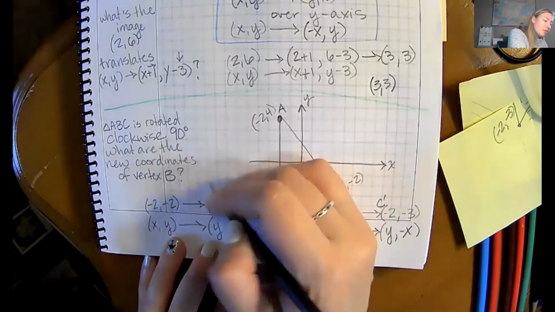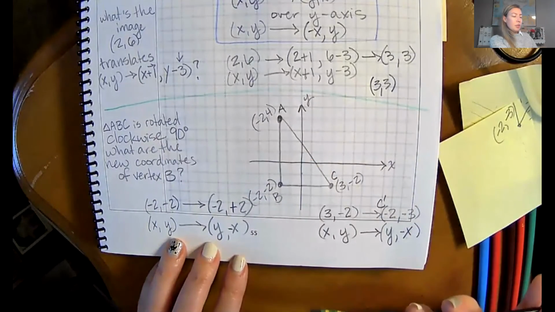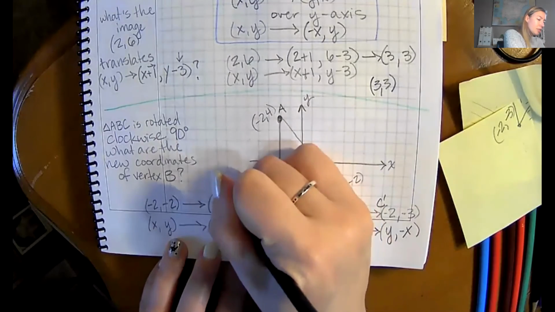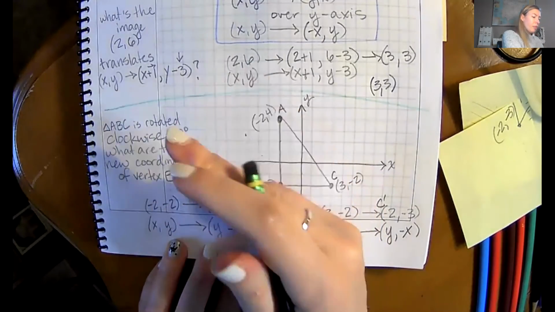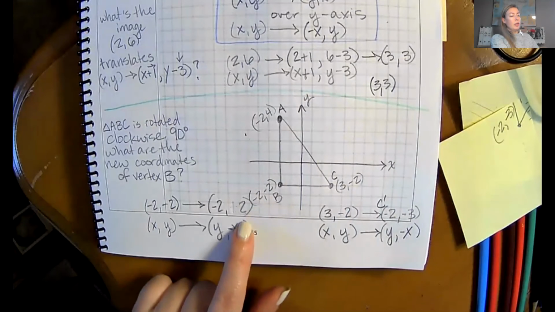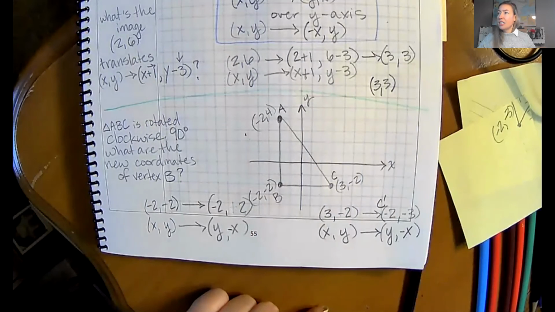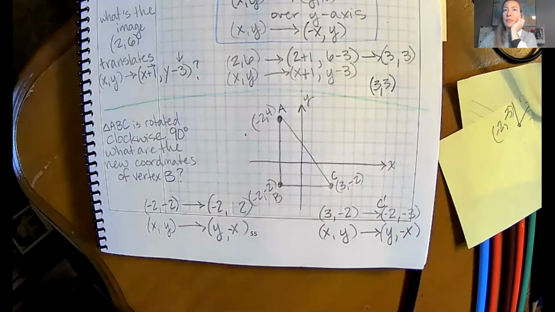So instead of negative, it's just going to be positive. So when I type my answer into Canvas, I'm just going to say parenthesis, -2, 2, close parenthesis. And that is how you do rotations clockwise.